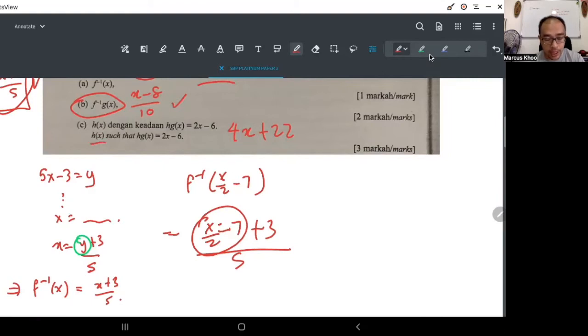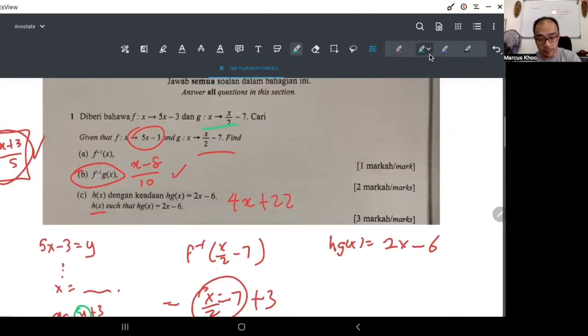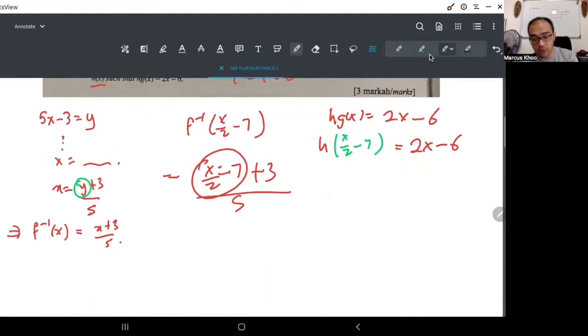Lastly, find h(x) such that h(g(x)) equals 2x minus 6. The only thing you can do is put g(x) inside, so you get h of x over 2 minus 7 equals 2x minus 6. Here you have to do a little extra work. Let u equal x over 2 minus 7.